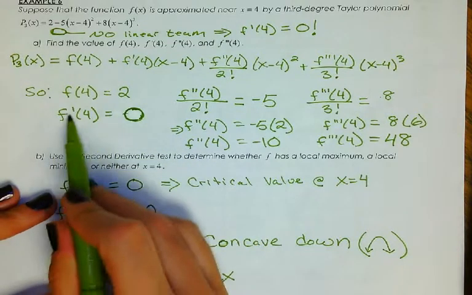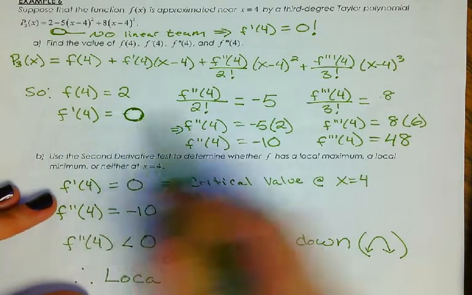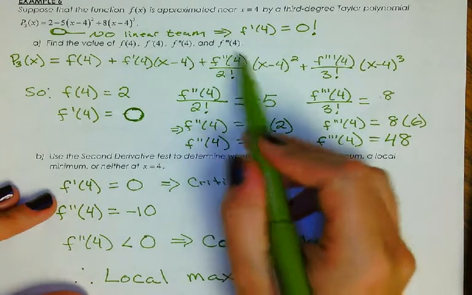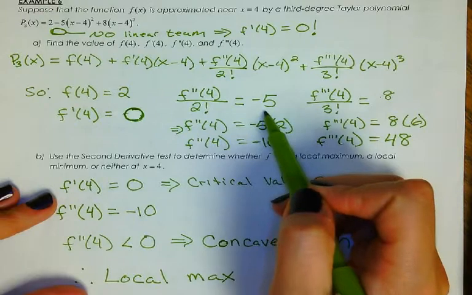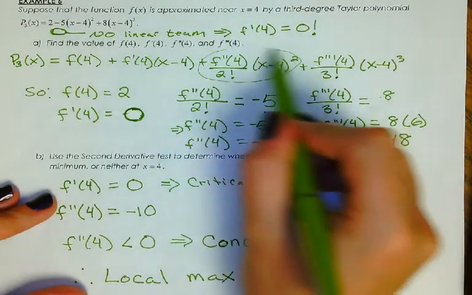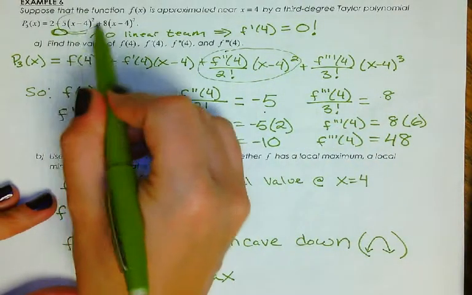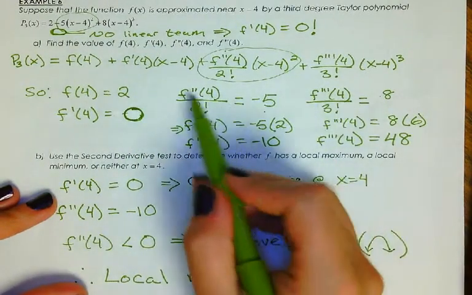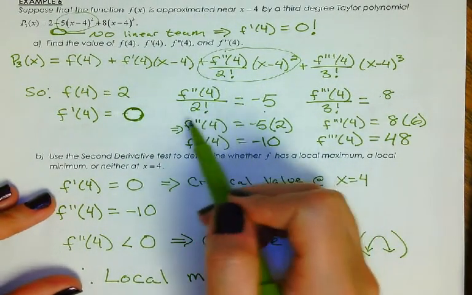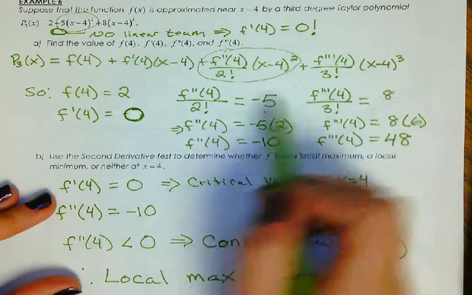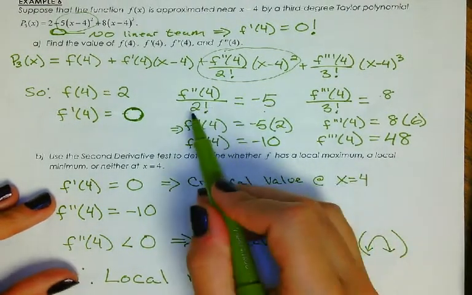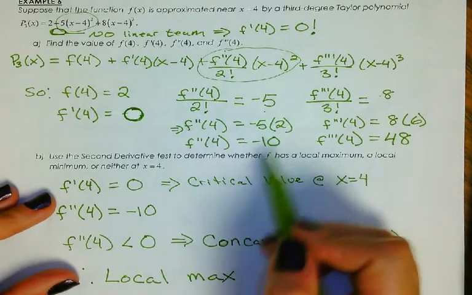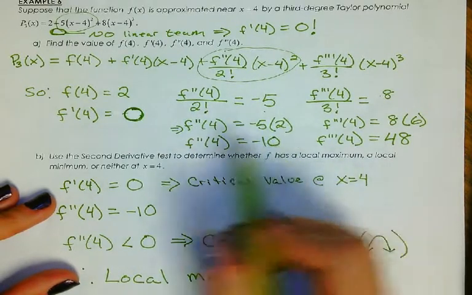So if f of 4 is 2 and the first derivative is 0, then I know that this second derivative over 2 factorial must be -5. You're matching this piece here to this right here. So if the second derivative evaluated at 4 divided by 2 factorial must be -5, you can cross-multiply and solve for your second derivative. 2 factorial is 2, and 2 times -5 gives you -10.